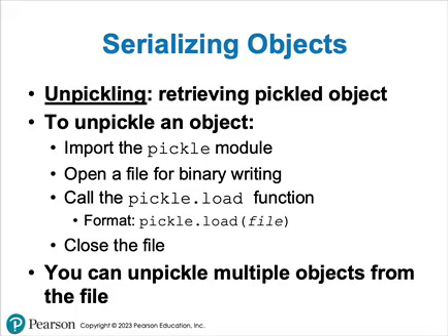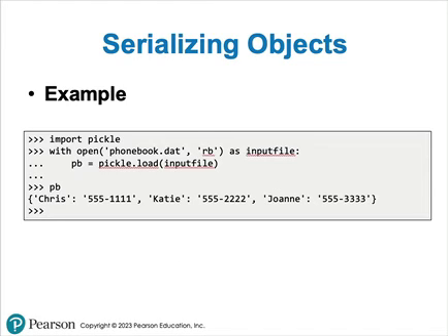To unpickle or retrieve the items, again, you have to import the pickle module, and then you do a pickle.load, and you specify the file, and you can either unpickle one item or multiple items from the file, depending on what you wrote out. And here's an example. We want to read the file.